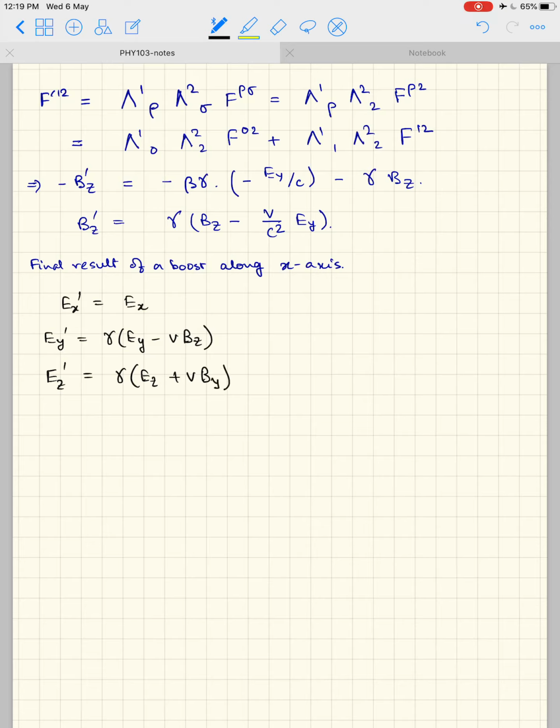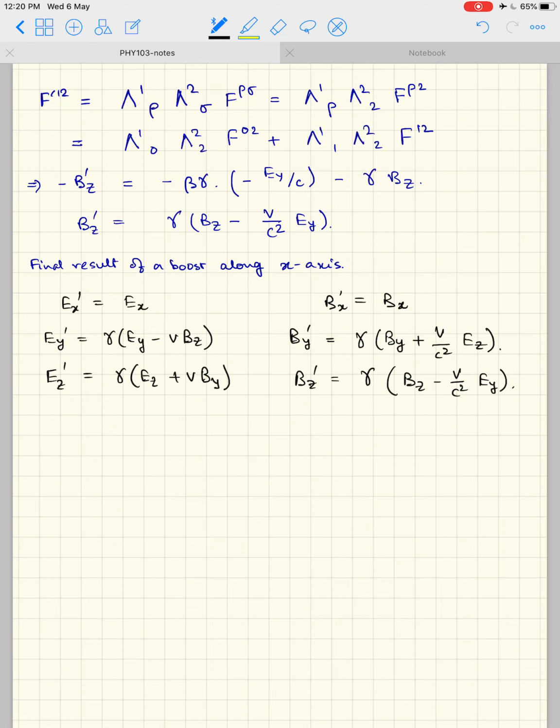For the magnetic case, Bx primed stays the same again. By primed becomes gamma By plus V over C squared Ez, and Bz primed becomes gamma Bz minus V over C squared Ey.